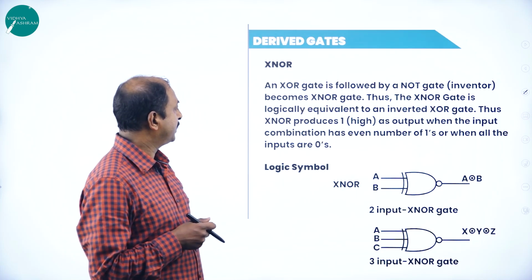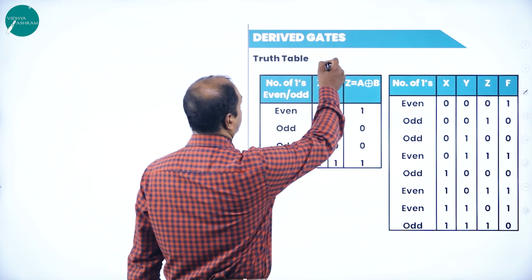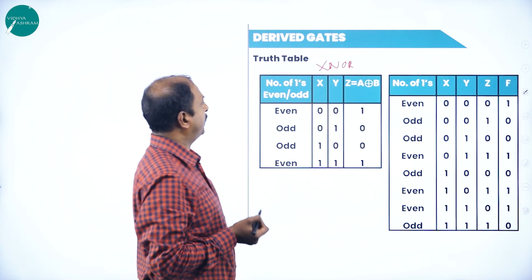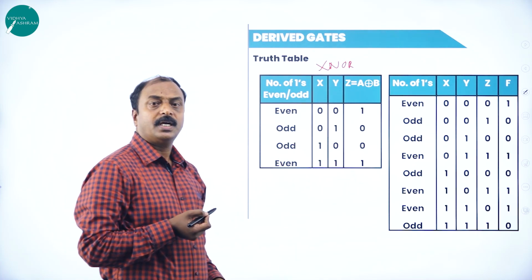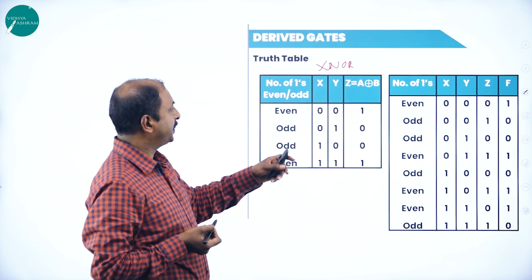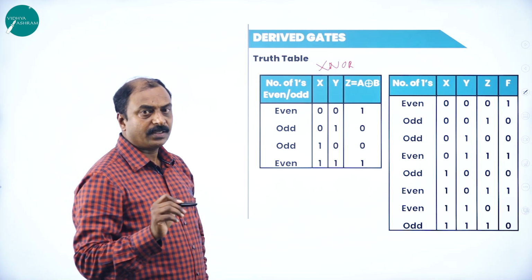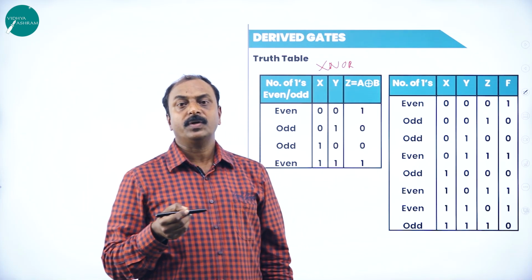Now look at the truth table for this. This is a 2 input XNOR gate. Here 2 signals, 4 combinations. What is the output of this here? As per the definition, if there are an even number of 1s, then output will be 1, and also when there are an even number of zeros.